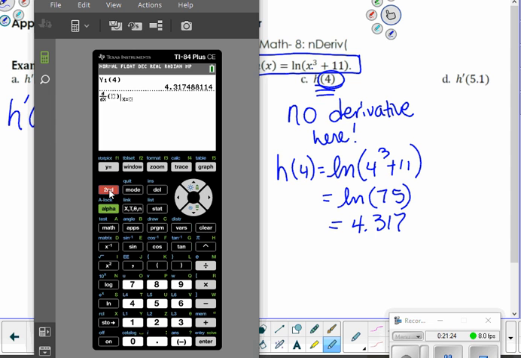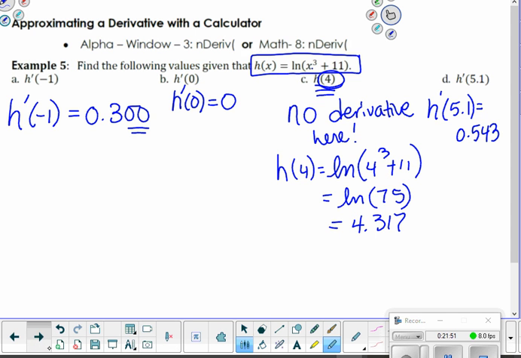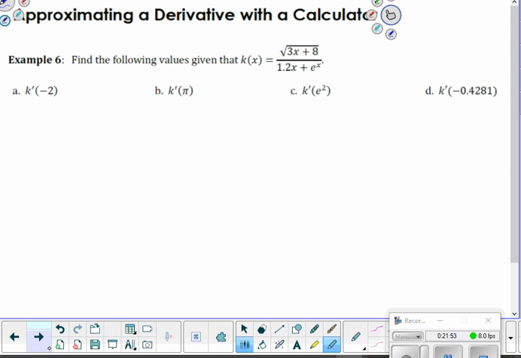I'm going to grab my y1, not second, but alpha, trace, option 1 there, and then evaluating it at 5.1. And there's our answer. So format your answer with an h prime of 5.1 equals 0.543. Using a calculator is fun, isn't it? Way faster than doing all the long methods.